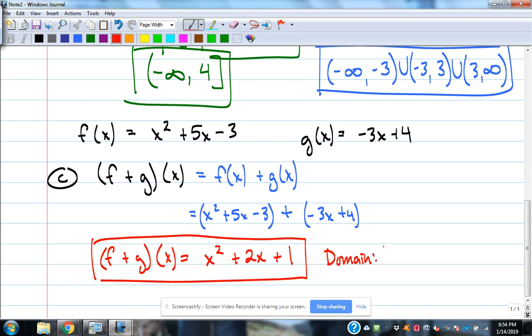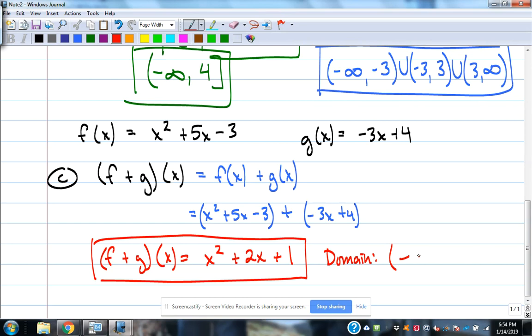What is the domain of that function that we got at the end? Are there any red flags to that function? There are no square roots in there. There's not even a denominator to look at, right? So there are no red flags in there. If there are no red flags, the domain is what?